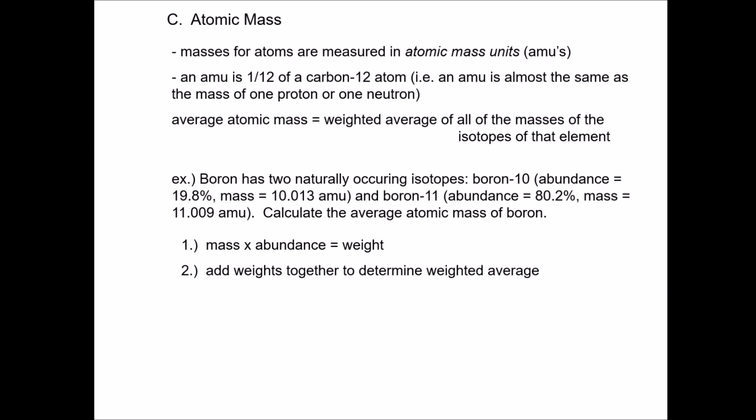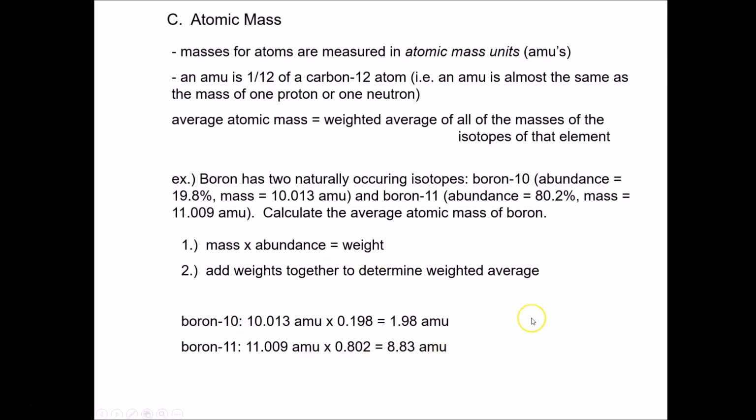So let's go ahead and try it with this example. Boron 10 weighs 10.013 AMUs, according to the problem above. We're going to multiply by a percentage. Remember, when you multiply by a percentage, you have to move the decimal point over 2 times. So when we multiply by 19.8%, we're actually multiplying by the decimal 0.198. Then we do the same thing for boron 11.